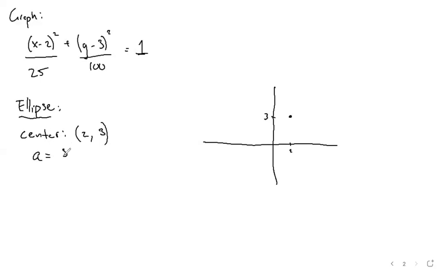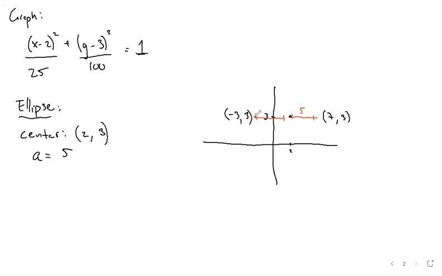My A value here is 5. So in the horizontal direction, I'm going to go 5 units either side. And if this is (2, 3), and I'm going 5 units to the right, that's going to make this (7, 3). And that's going to make this, let's see, 2 minus 5 is minus 3, so (-3, 3).